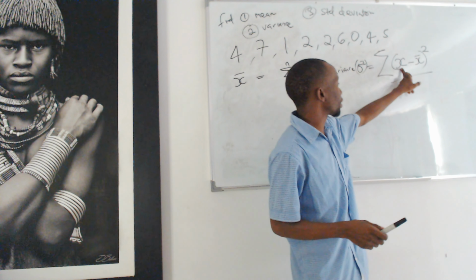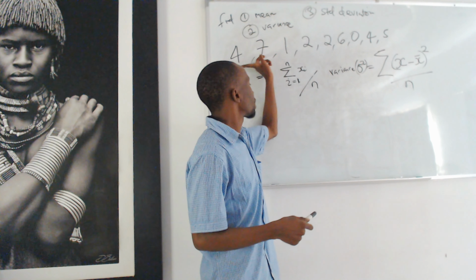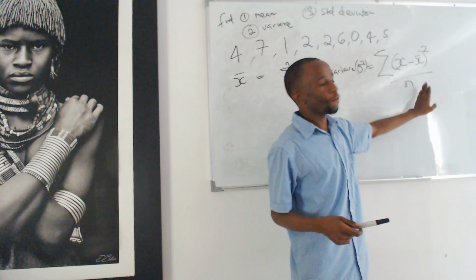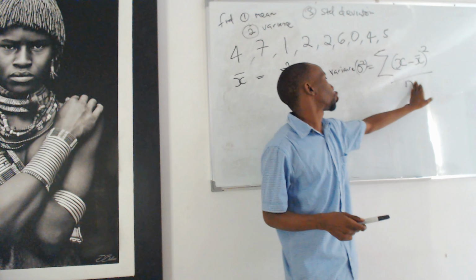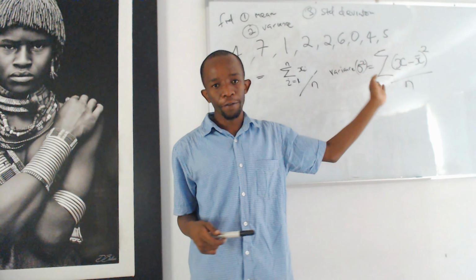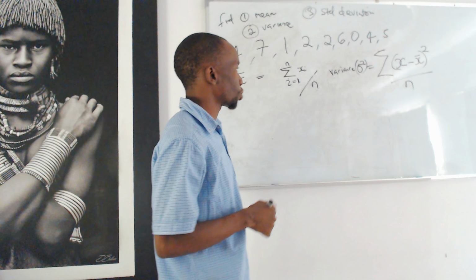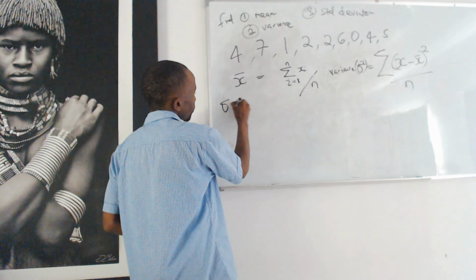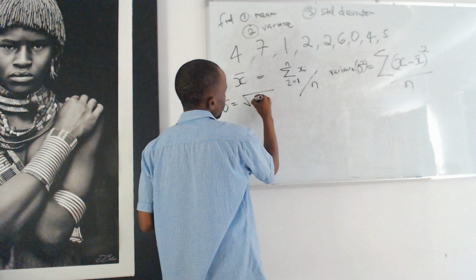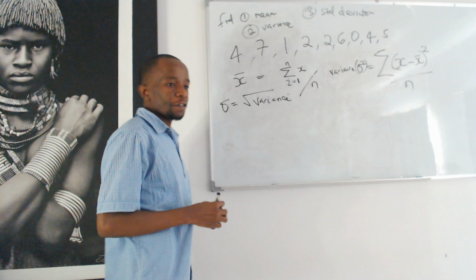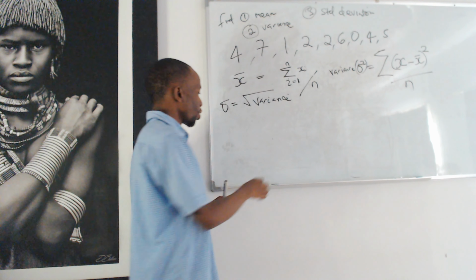You are summing the different values of x minus the mean, squared, divided by n, which is the total number of values. And finally we need to find the standard deviation. The standard deviation is simply the square root of our variance.